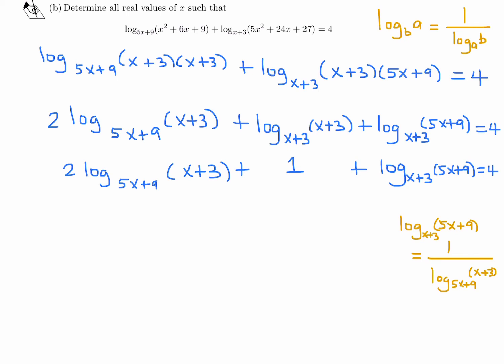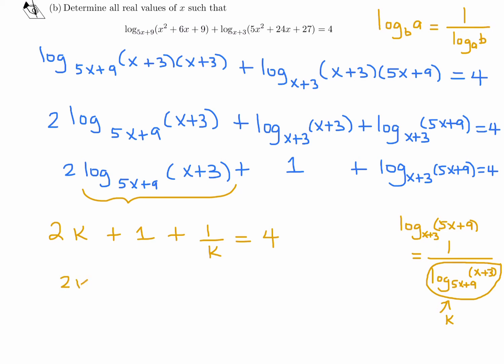And to make things even simpler, what I'll do is I'll call this guy here k. This I'll just represent with the k. So this becomes 2, this I have called k, so just 2k, and then plus 1, and then plus this, but that is equivalent to 1 over k. And that equals 4. Now multiply through by k, and we get 2k squared plus k plus 1 is equal to 4k.